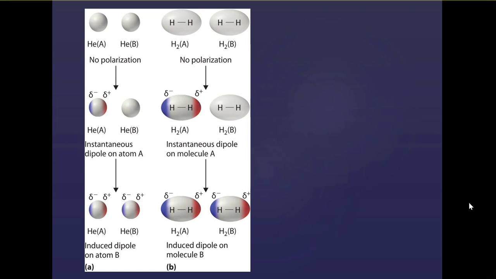So our noble gases are just an atom and they have an evenly distributed electron cloud, but for whatever reason, those electrons can get stacked up, maybe on one side of the atom, and this creates a temporary dipole or temporary polar molecule. And then if it's in close proximity to another atom, then it will influence that to be a temporary polar molecule. And so then they'll stick together.